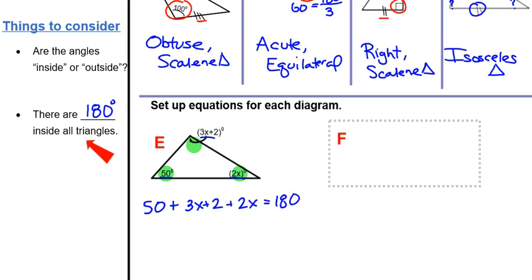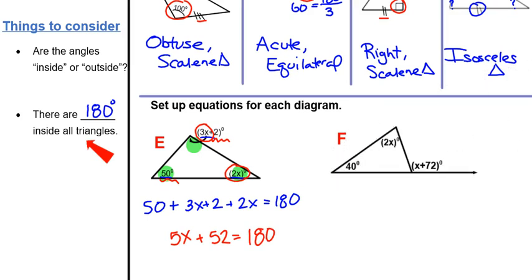If you did want to do a little mental math, you could add the x numbers together first. 3 plus 2 is 5x. And then you could do the number part, the 2 plus 50. And that also equals 180 degrees. That's just with some mental math. Both answers are correct.